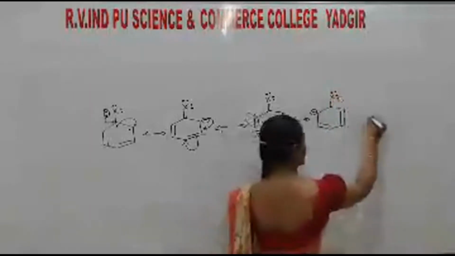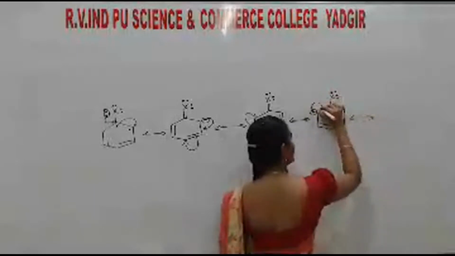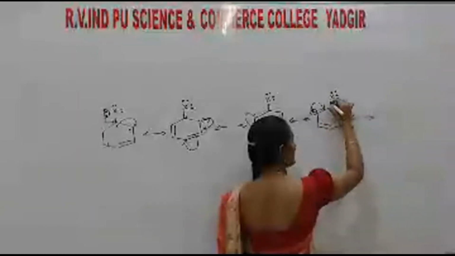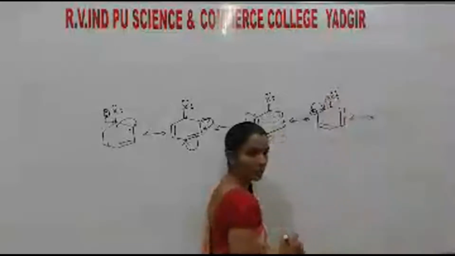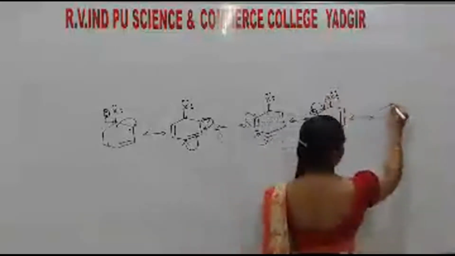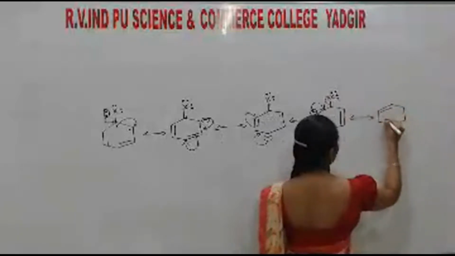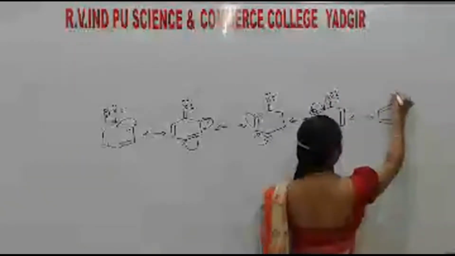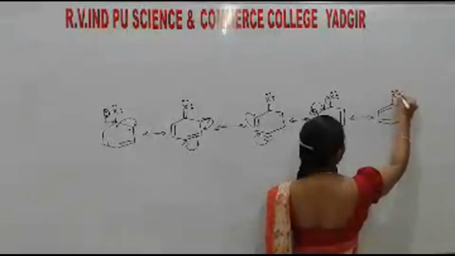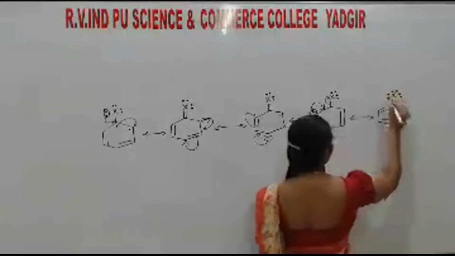Okay, so students, at the final, these again shift here. So then this becomes unstable, means these electrons shift here, means here a single bond becomes 3 lone pairs.